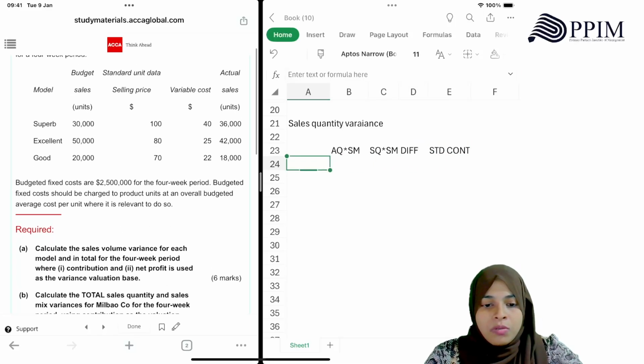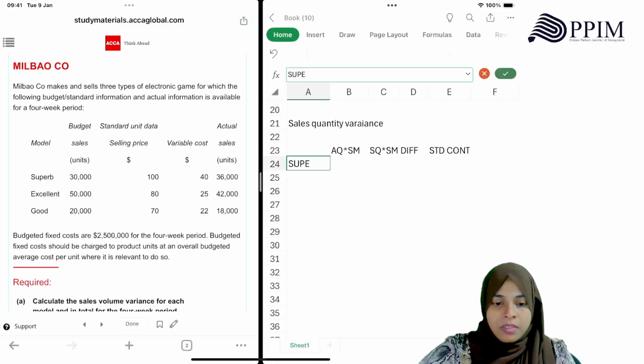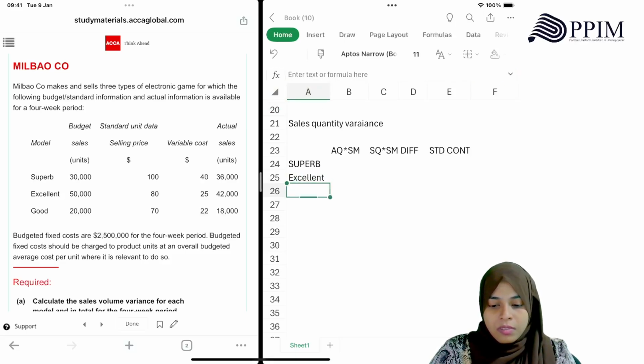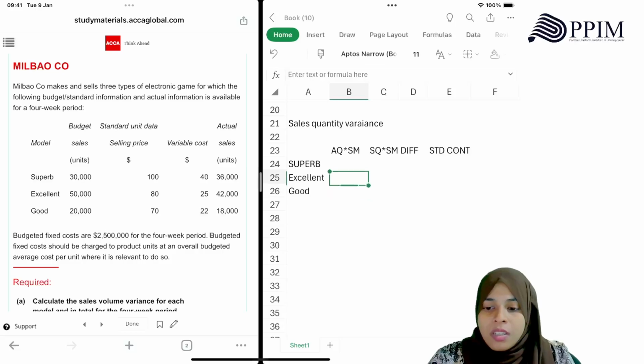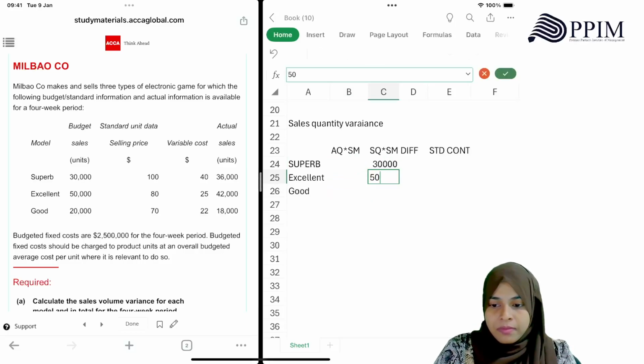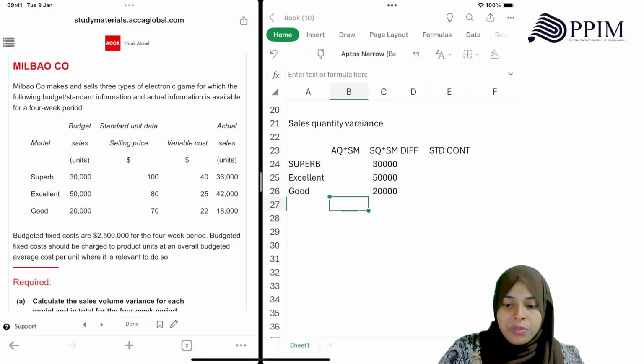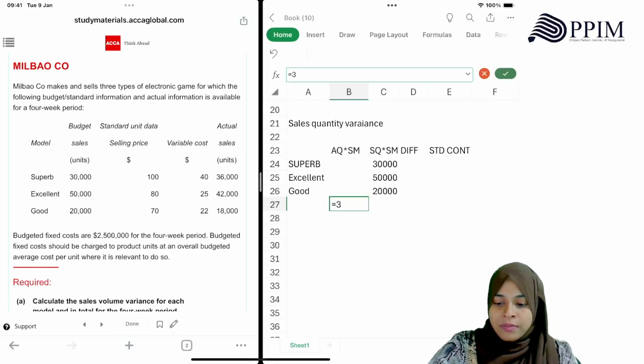So now, what are the models? Superb, excellent, good. Standard quantity in the standard mix is basically the budget. How do you divide the actual quantity? What is the total actual quantity? 36,000 plus 42,000 plus 18,000, right?